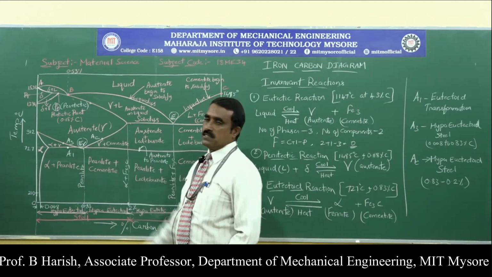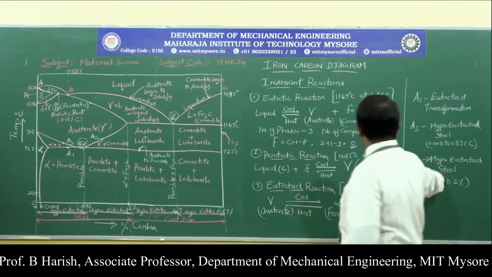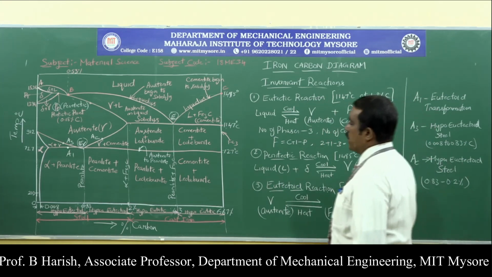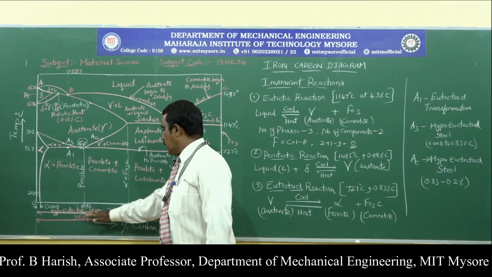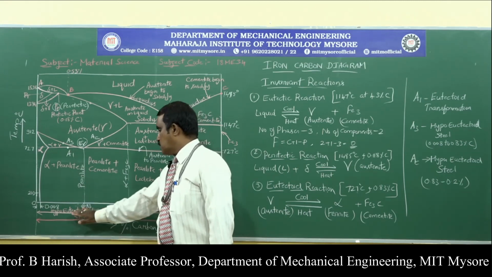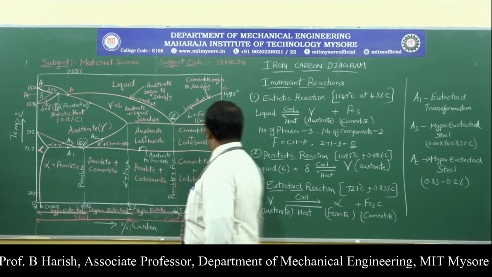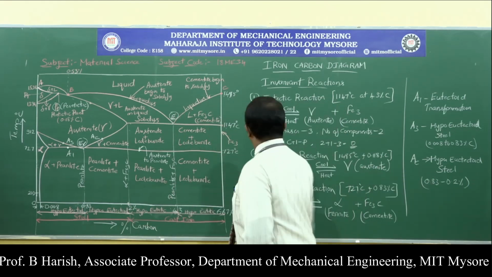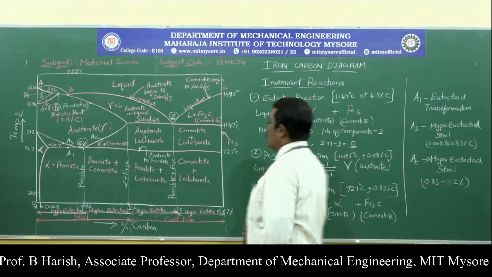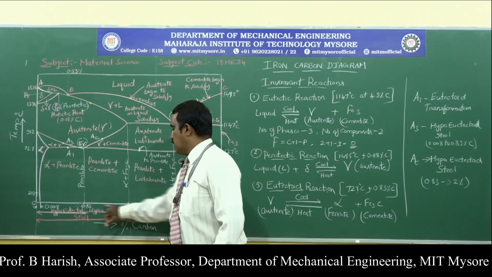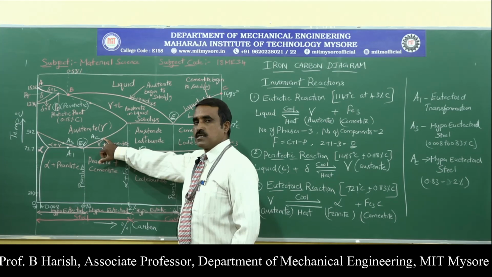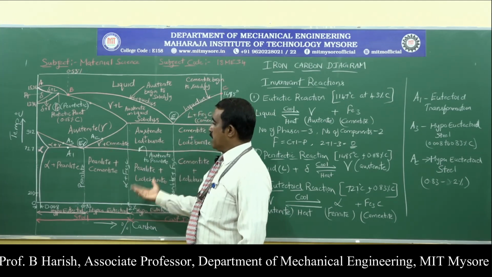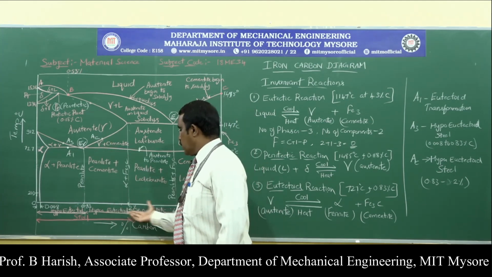This is the point Acm. Acm is once again for hyper-eutectoid steel, where transformation takes place into hyper-eutectoid steel. That is 0.83 to 2%, in this region. So this is the critical temperature point where it gets transformed into hyper-eutectoid steel.